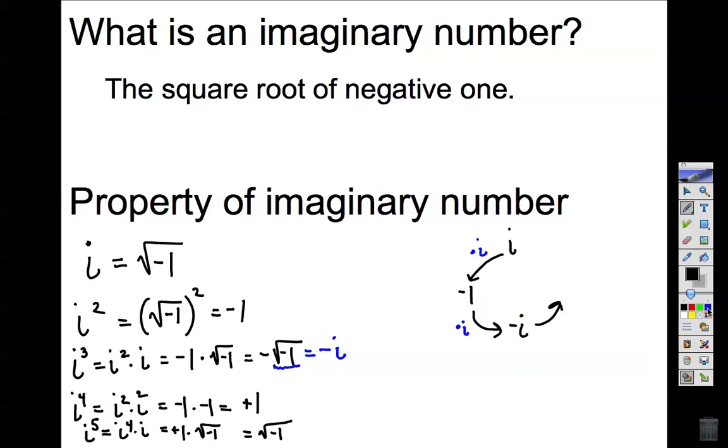If I multiply again with just i, this result is +1. And if I multiply this +1 times i, I get back to i. So this pattern is going to repeat itself over and over again.